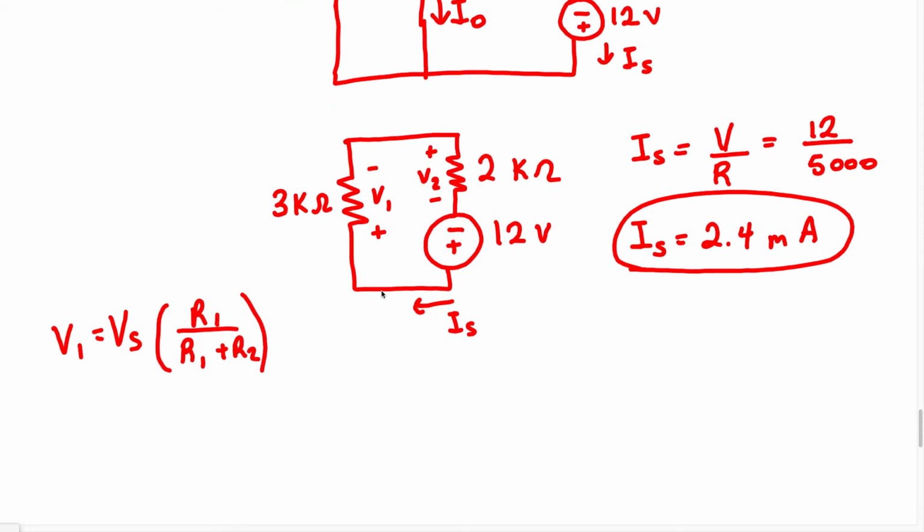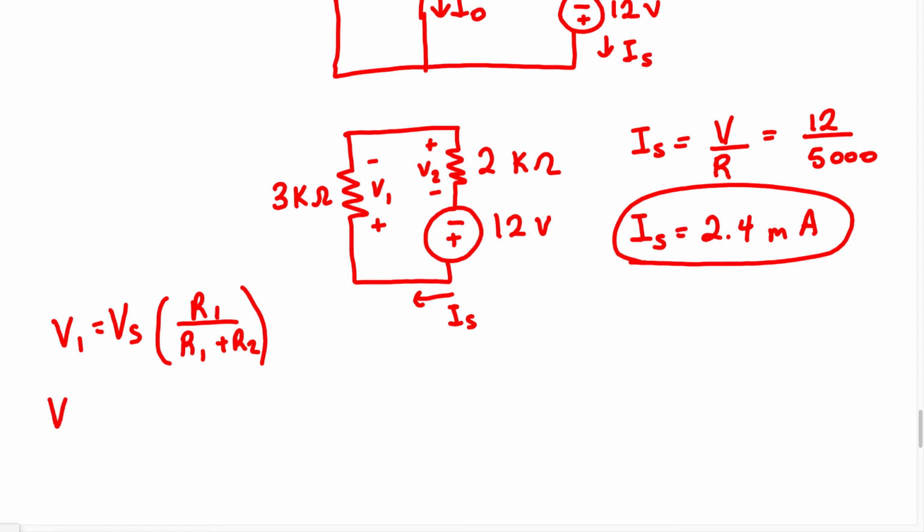Now when we start to simplify this, we know the voltage source in this particular situation is going to be 12 volts. We have V1 equals 12. R1 is going to be this 3K, so we have 3,000 over, we have 3,000 plus 2,000.